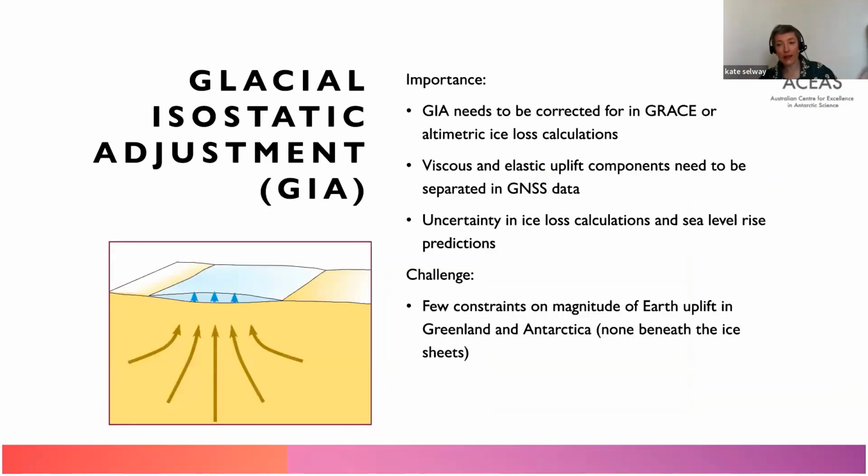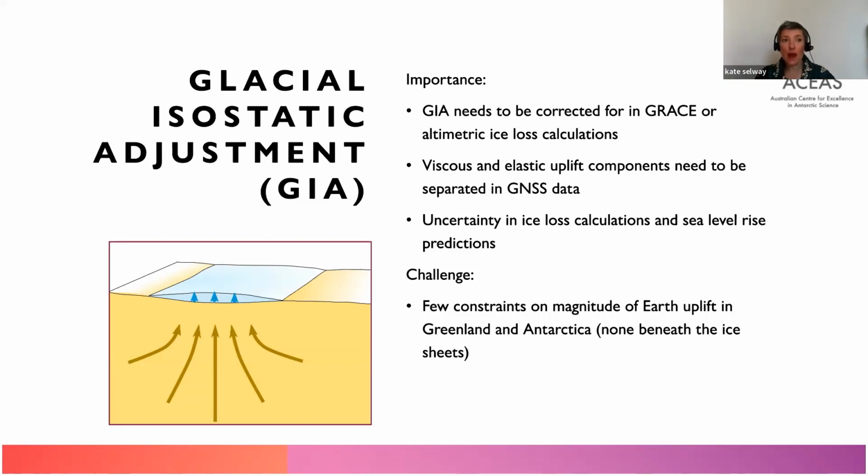So great. So why do we care about this? And indeed, this is an issue that people have been researching for many decades. And until probably not much more than a decade or two ago, this was quite an academic question, just trying to understand more about how the Earth works.